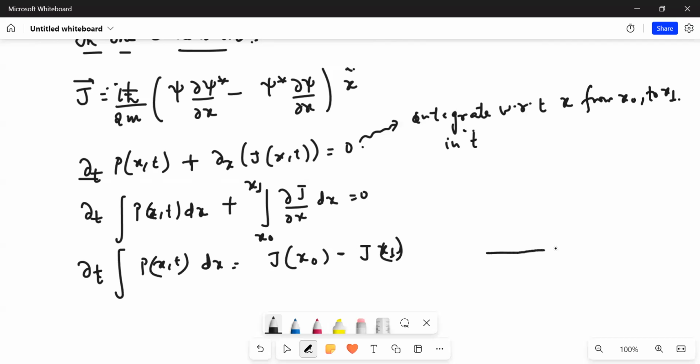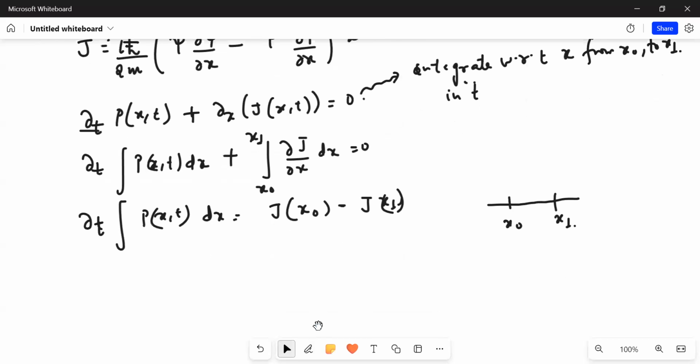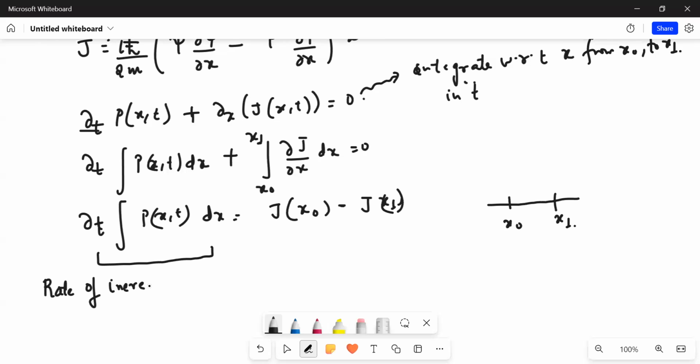So let's say this is your x0, and let's say this is your x1. I can write from here that the rate of change, or let's say the rate of increase of probability, if this is positive, is equal to the difference of probability current.